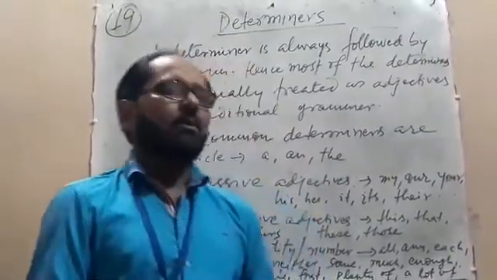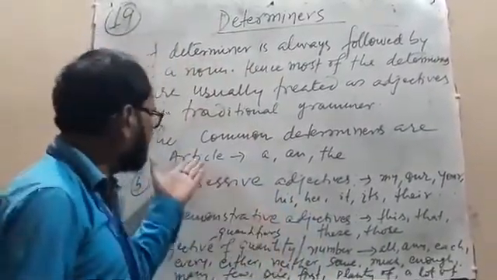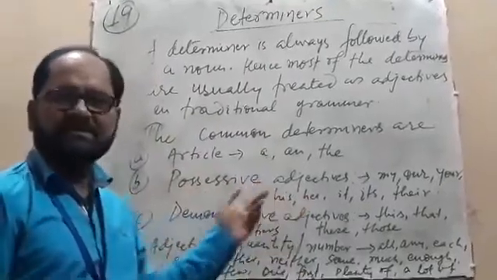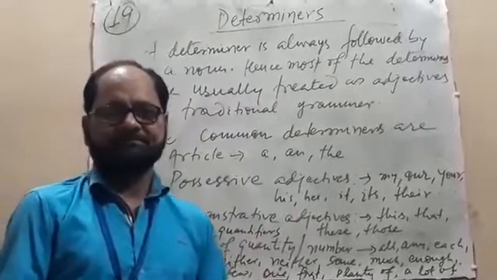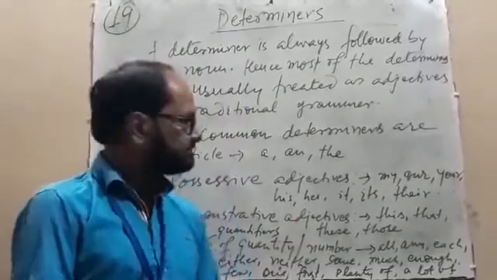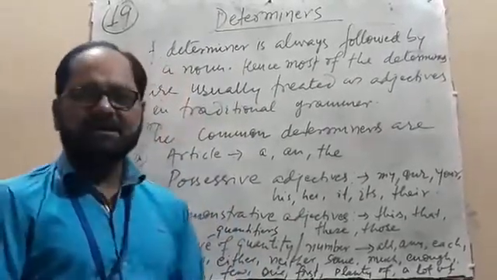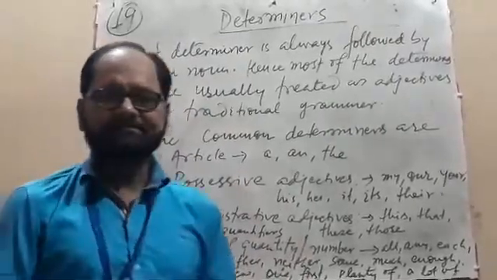So, common determiners are articles, possessive adjectives, demonstrative adjectives, and quantifiers. Now, we will see them one by one.